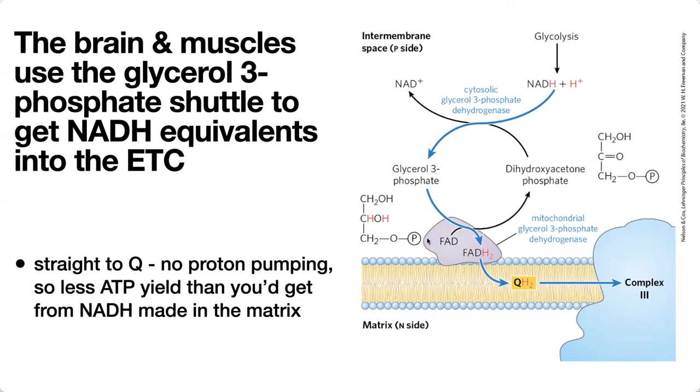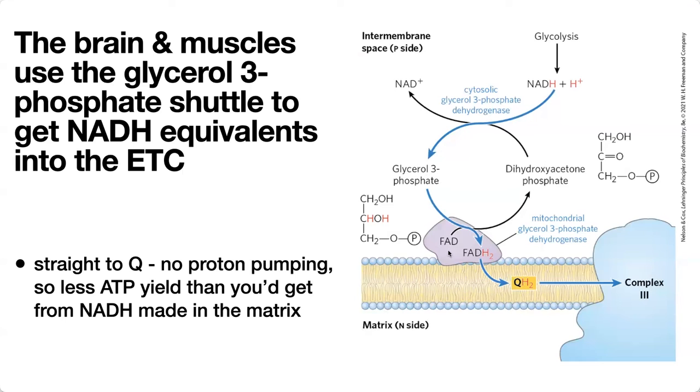Now, for glycerol 3-phosphate, we have this enzyme, glycerol 3-phosphate dehydrogenase, that's on the inner mitochondrial membrane, on the intermembrane space side. So we don't have to actually get this into the matrix.